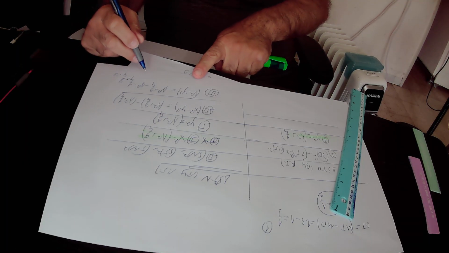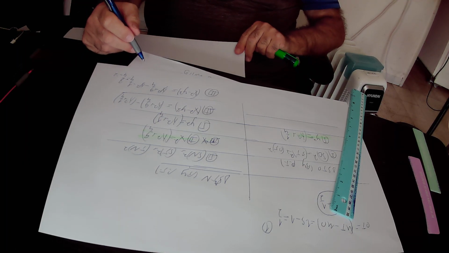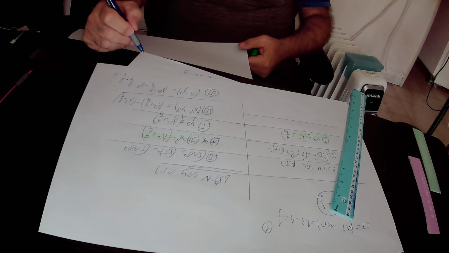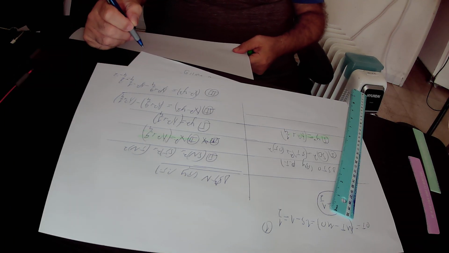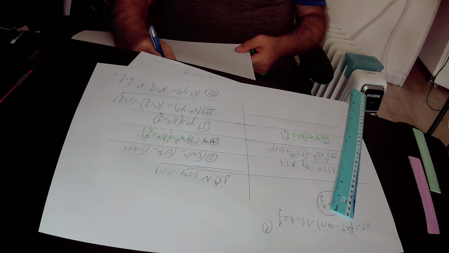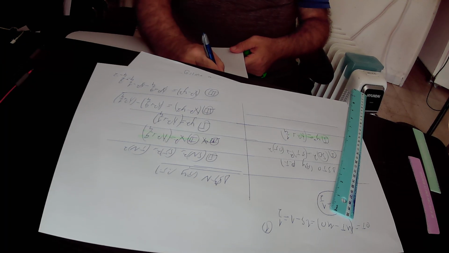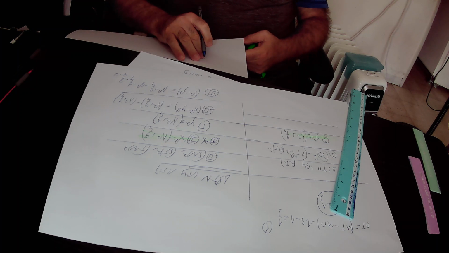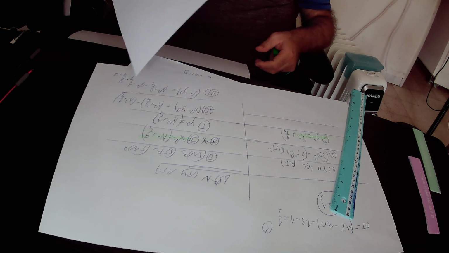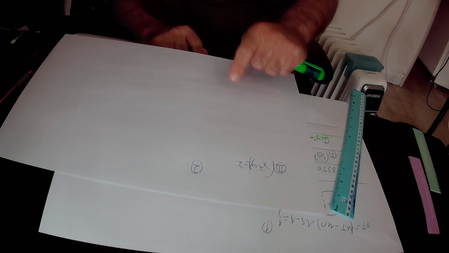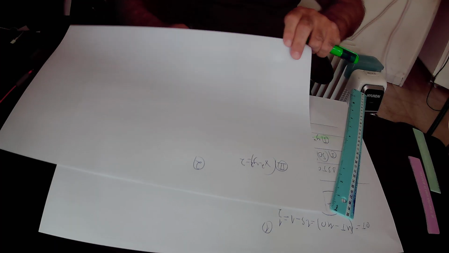So in total, according to equation 3, x squared minus y squared equals 2.